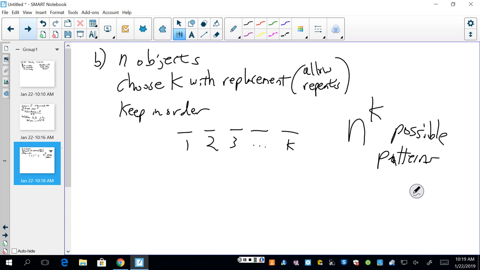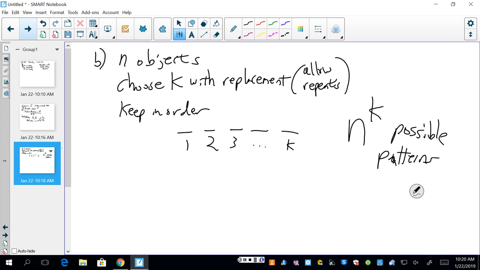So if you had win-loss for games and you're doing it 10 times, there's 2 to the 10th possible patterns over that. Some correspond to more wins or more losses. But if you kept track of the actual sequence, there would be the 2 to the k possible ones.